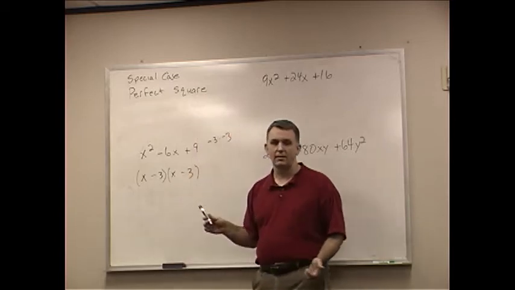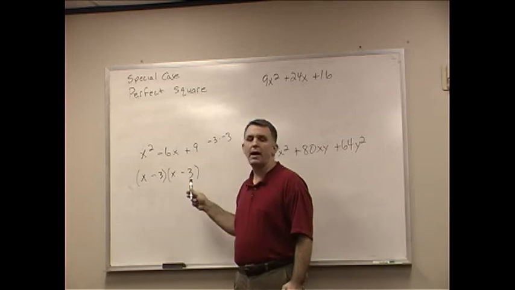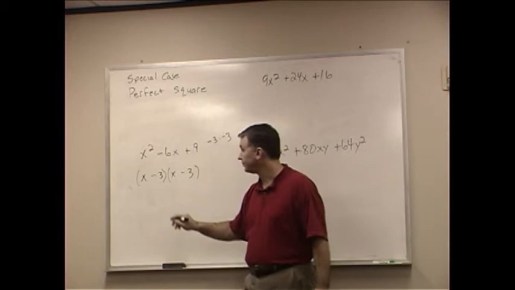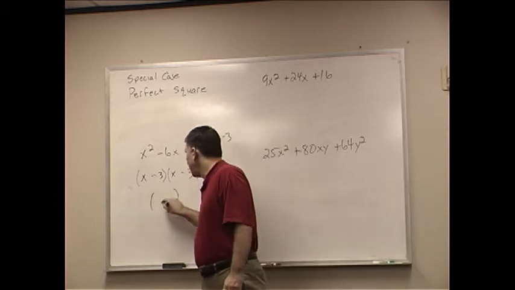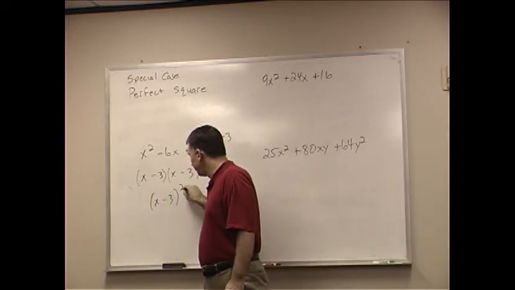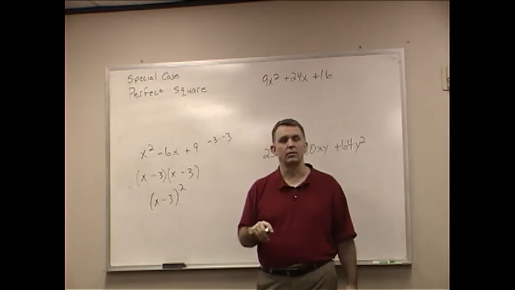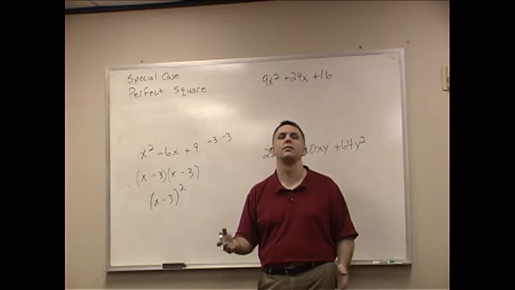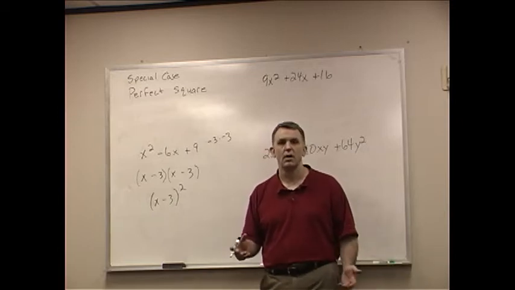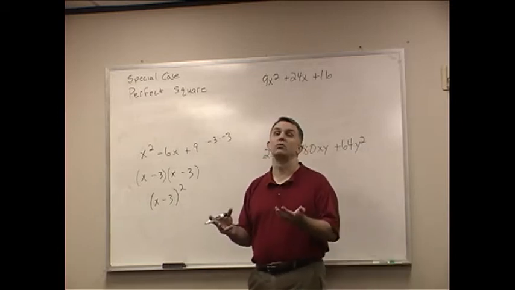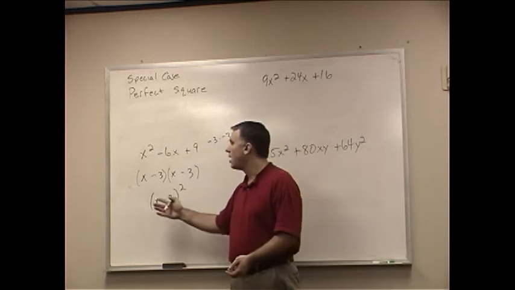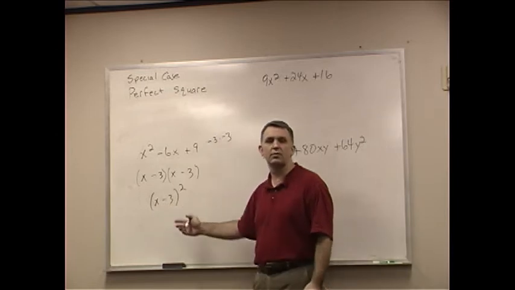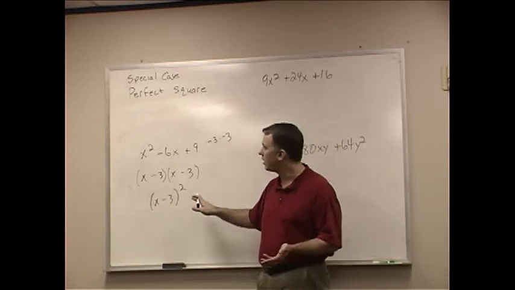If you get two binomials that are identical, this was a perfect square. You actually need to do a little rewrite and put it together. Some of you are going, huh? Hey, anything times itself can be written as an exponent. 7 times 7, you could write as 7 to the second. I'm writing x minus 3 times x minus 3 as x minus 3 quantity squared.